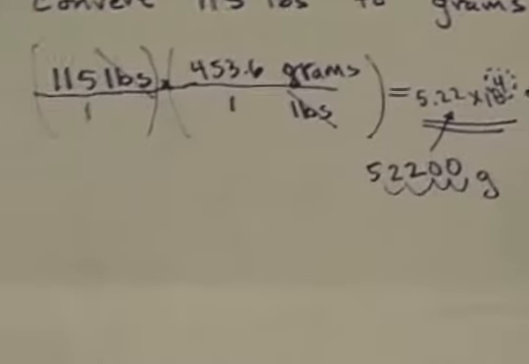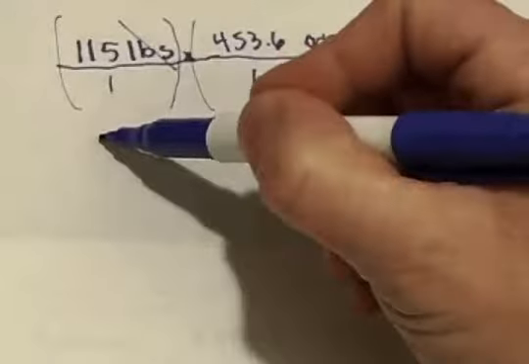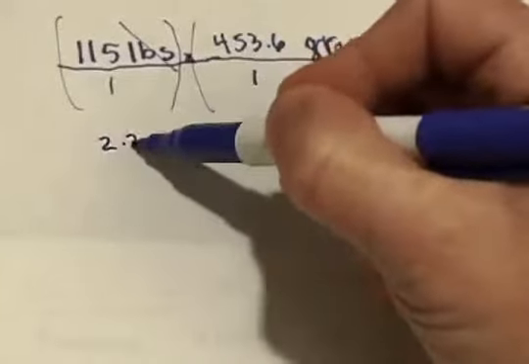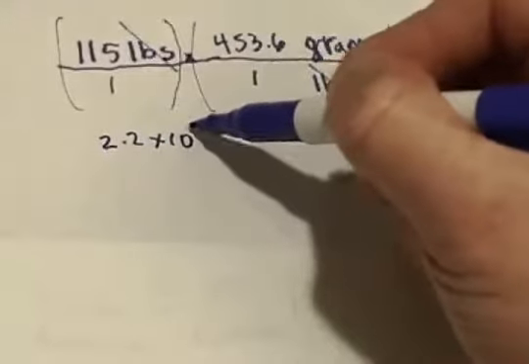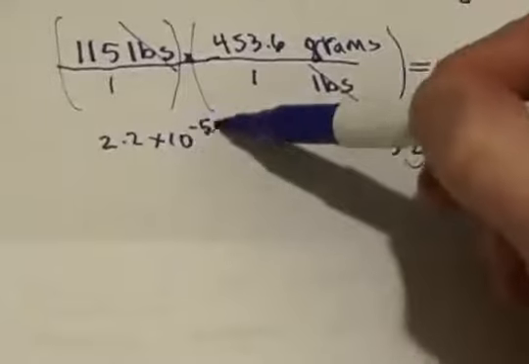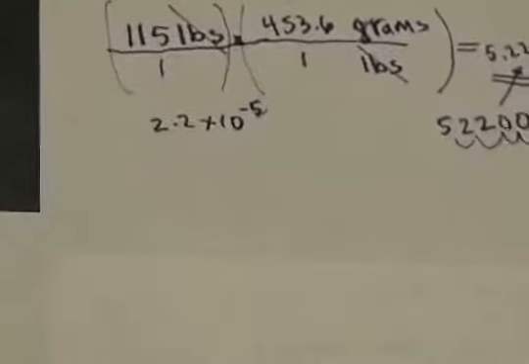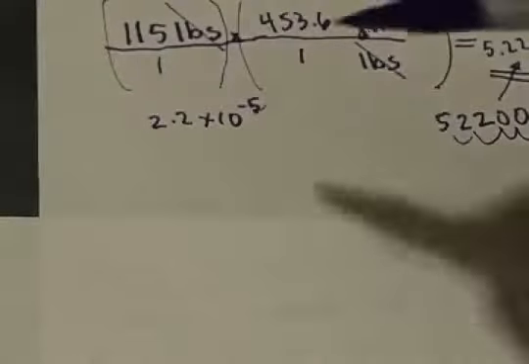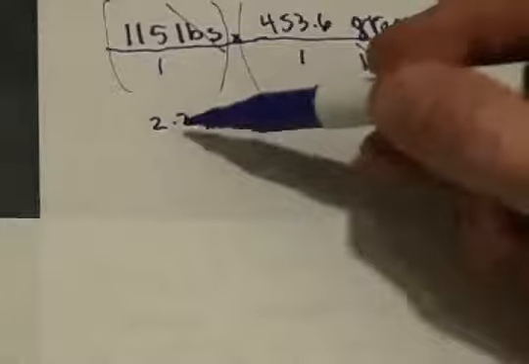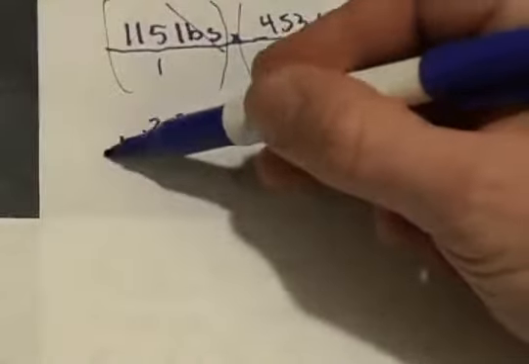Conversely, let's say we had a really small number, like, for example, 2.2 times 10 to the negative 5th. The negative in the exponent here does not mean that the number is negative. It simply means that you need to move your decimal point to make it a number that's smaller than 1. In this case, we move the decimal point 5 places to the left. 1, 2, 3, 4, 5.